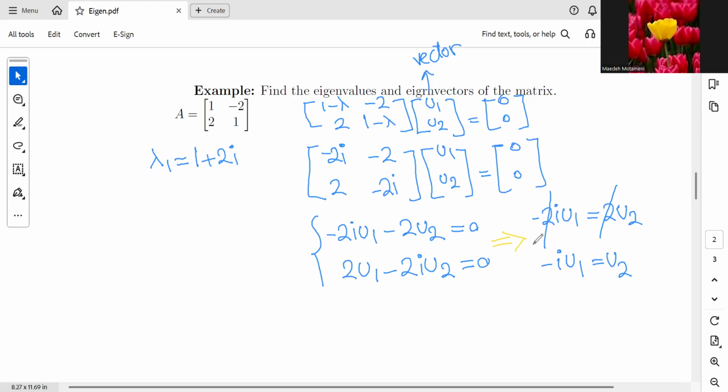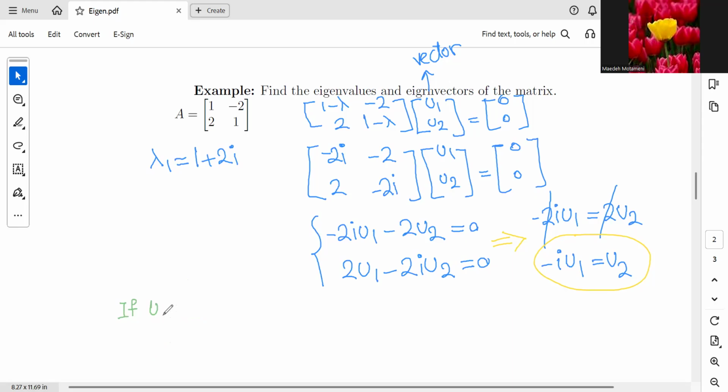So this is the relationship between v sub 1 and v sub 2. You can pick any number, including a general number, for one of them, and based on that, find the other one. So the things that I'm going to write here are all correct.